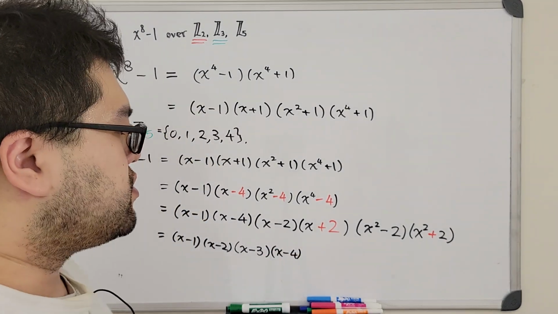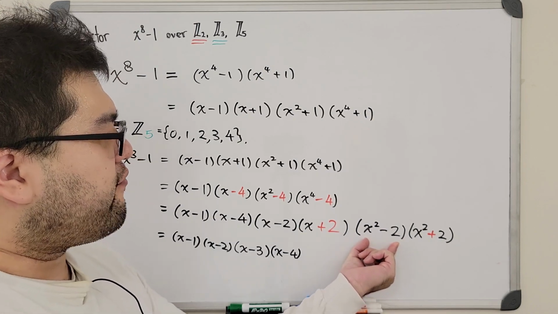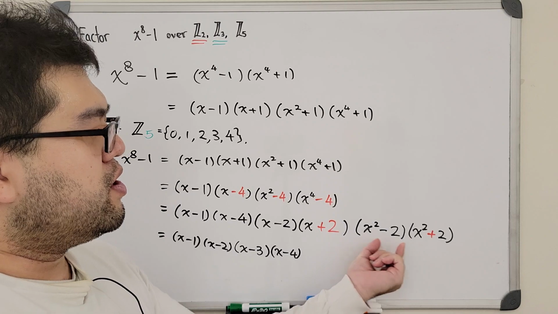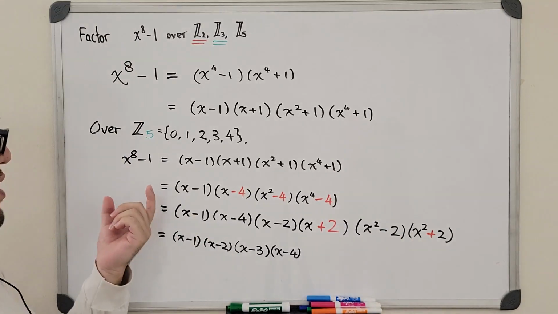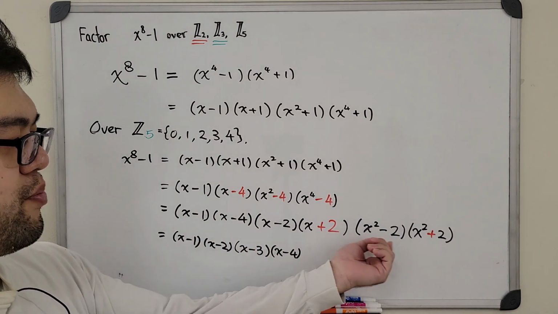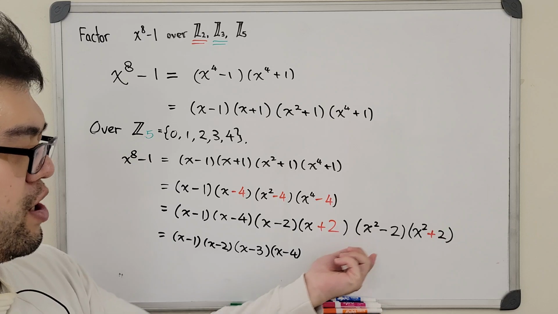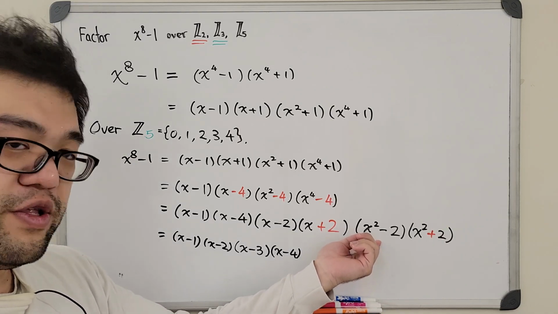Good. So now, here comes the question. Can we factor out x squared minus 2 or x squared plus 2? Again, when we say factorable, it means that it can be reduced into a product of two polynomials that have a degree smaller than it.